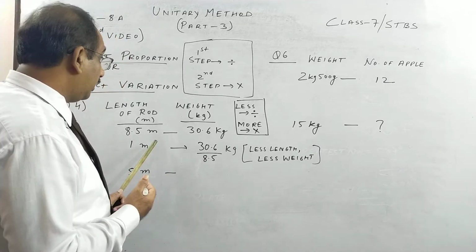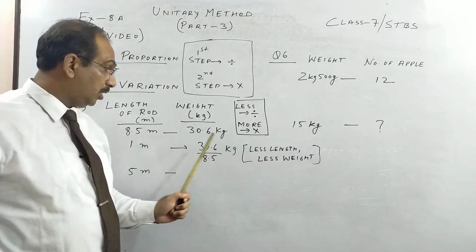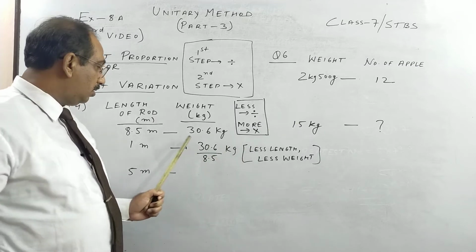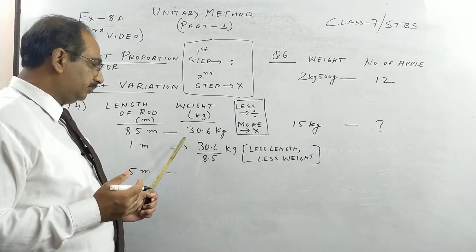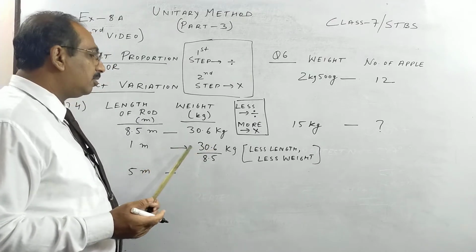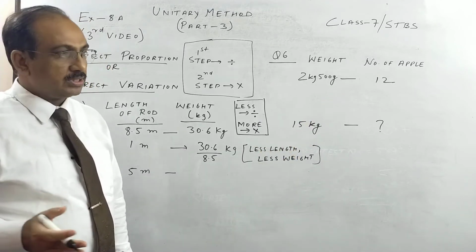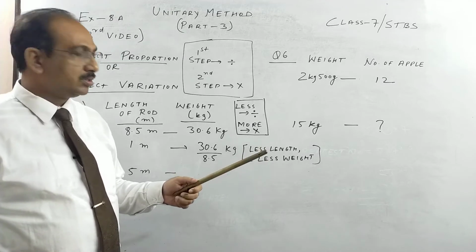So here naturally 8.5 meter is quite long, bigger than the length of your room, and weighs this much. If you go to a shop, you'll see a rod is quite long. 8.5 meter is roughly around 30 feet, the length of 3 rooms. So 1 meter will be less, 1 meter is this much. You have a scale, the big scale is 12 inches.